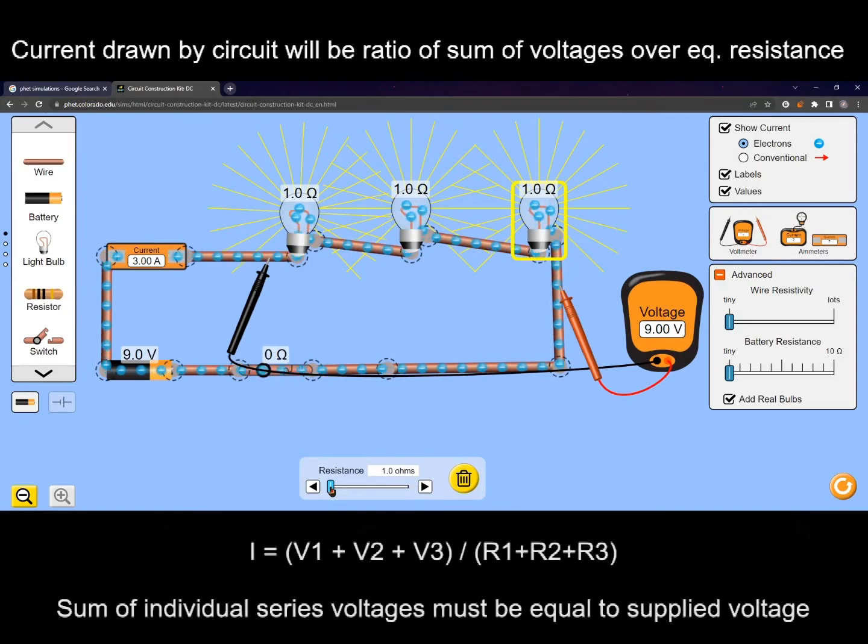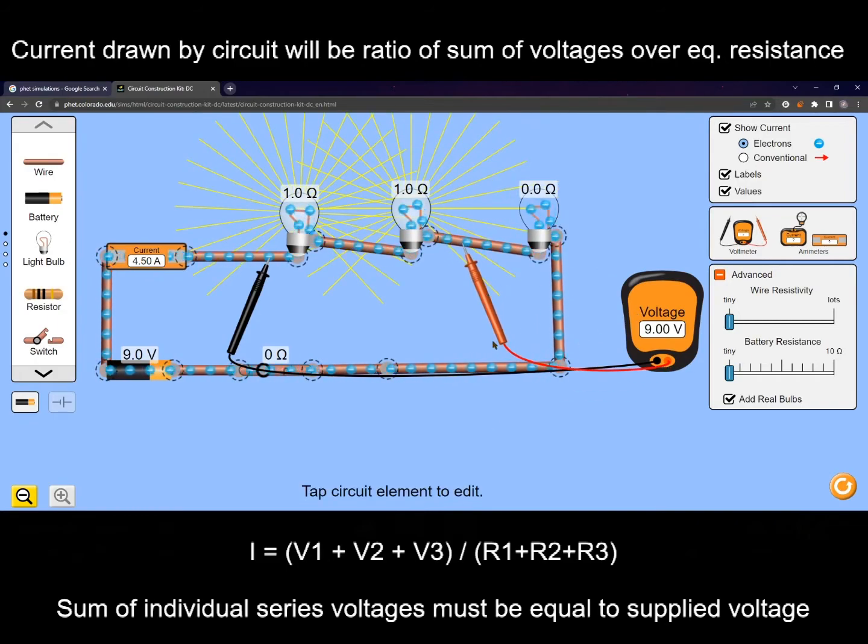Let's just make this resistance go away, and now you can see these 2 bulbs are now drawing 9 volts, and each one is individually dividing the voltage in half, and hence they're glowing at the same intensity. But this one is not glowing because this is no more a resistance bulb.